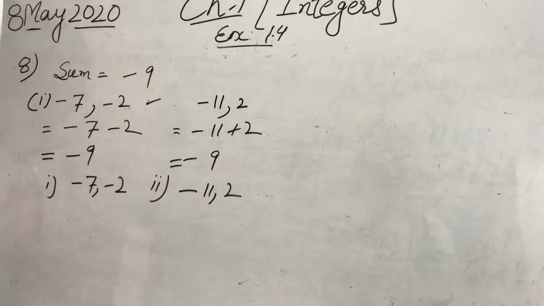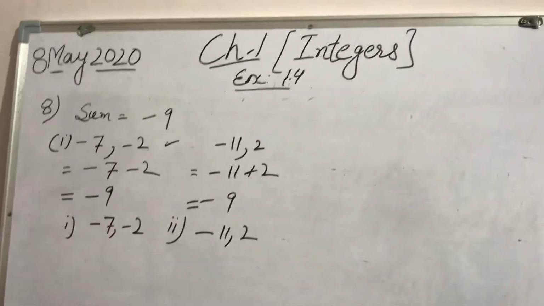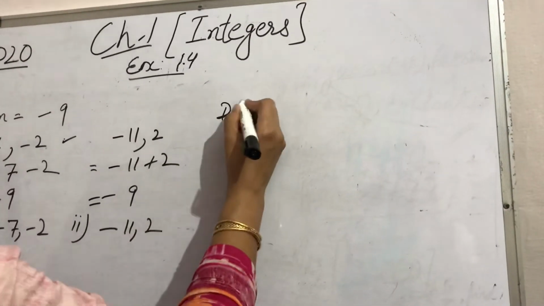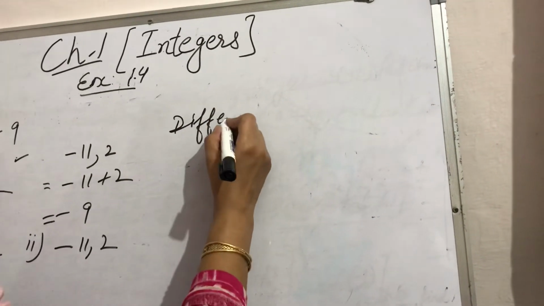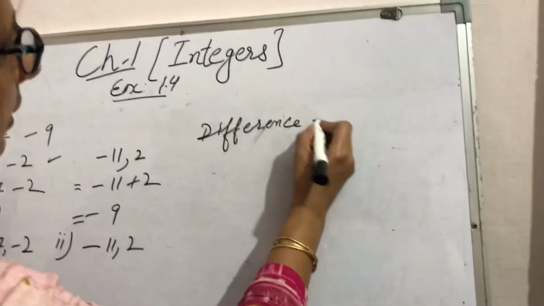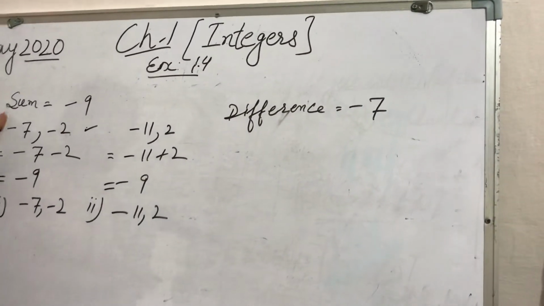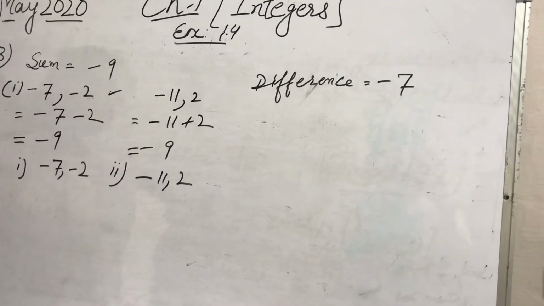The second part of the same question: we have to find a pair of integers whose difference is minus 7. In the previous part we found the sum. Now we have to find the difference, that is minus 7.